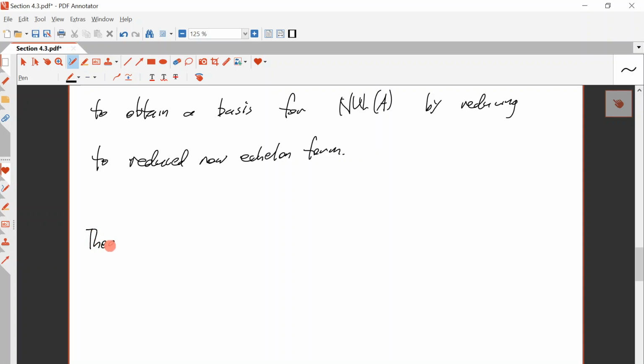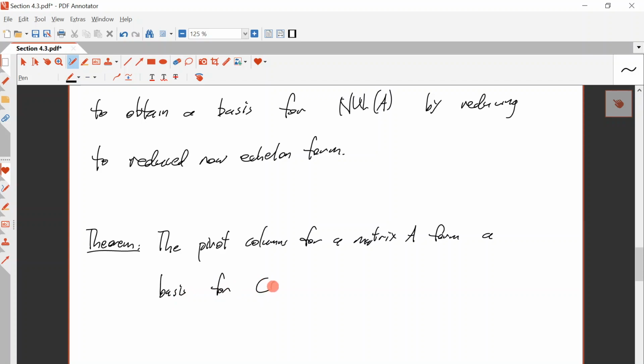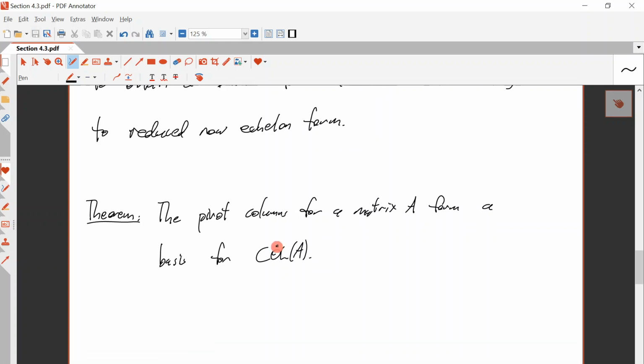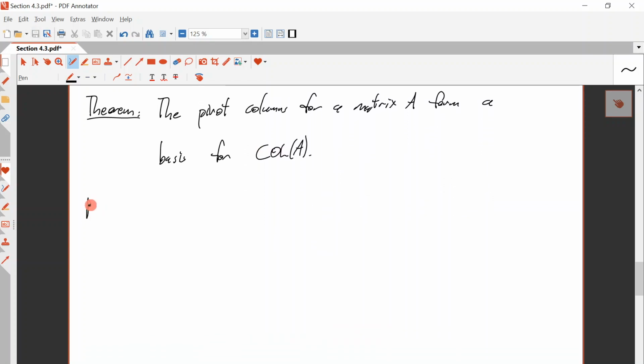So now the theorem is this. The pivot columns for a matrix A form a basis for the column space of A. The proof, the basic idea, is as follows.